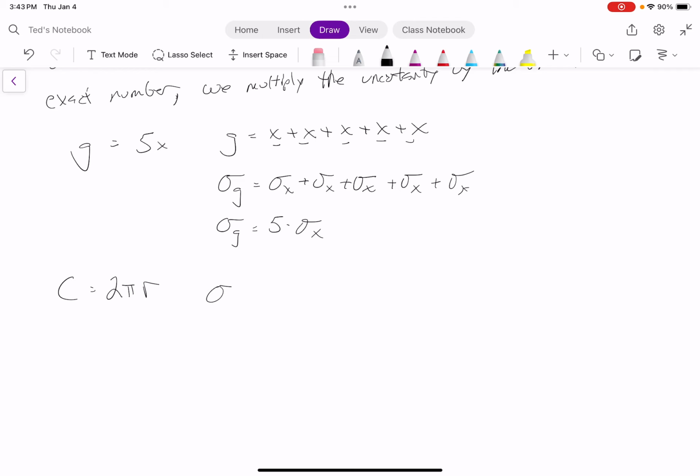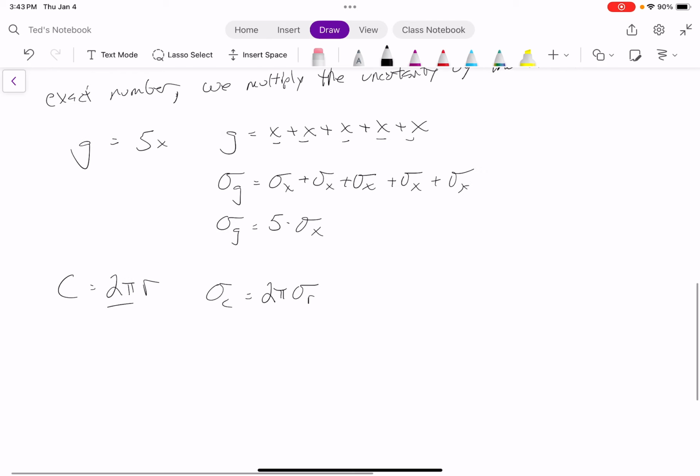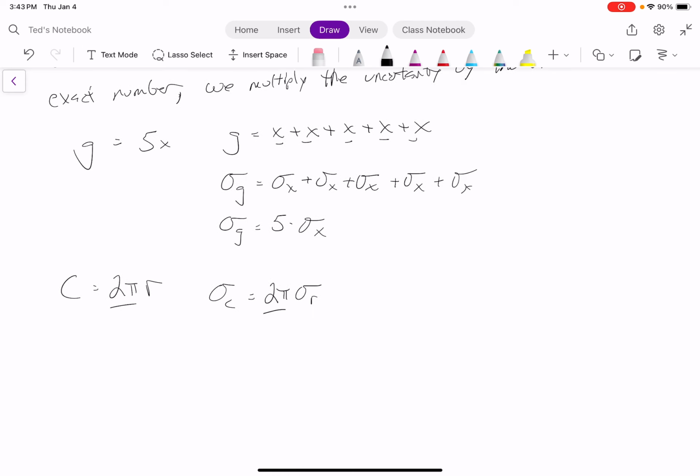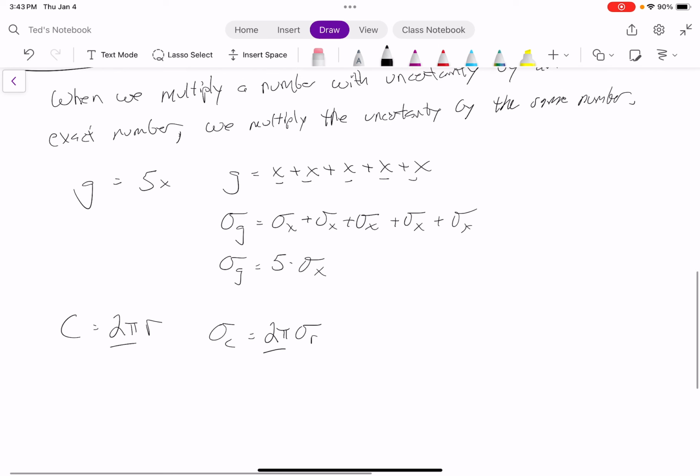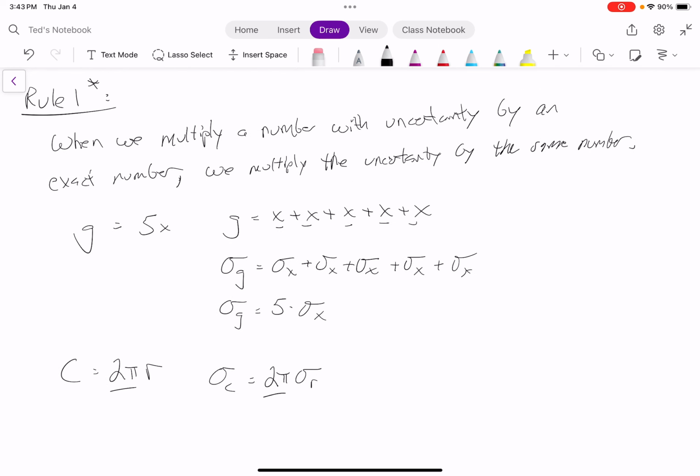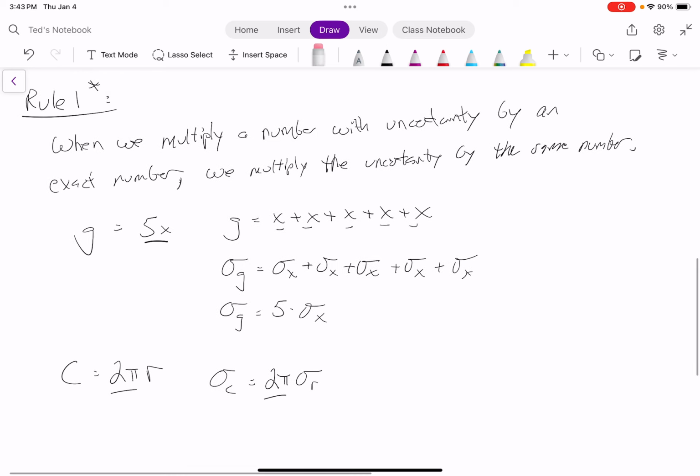The uncertainty in our circumference is just going to be 2 pi times the uncertainty in the radius. Because when you multiply by an exact constant, the uncertainty is also multiplied by the same exact constant. And it's really the addition rule, because 5x is just x plus x plus x plus x plus x, and I hope that makes sense.